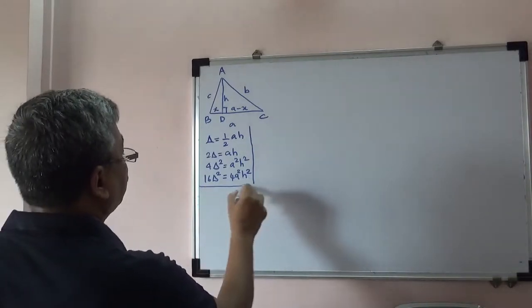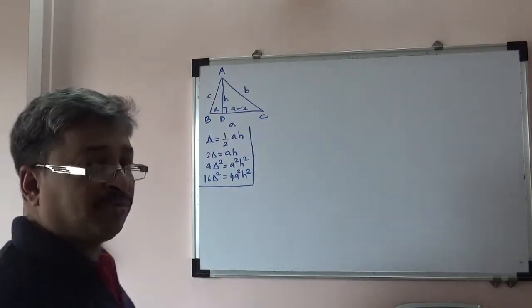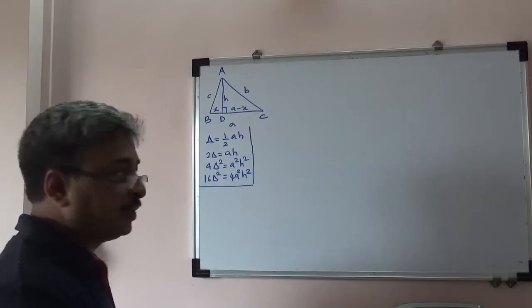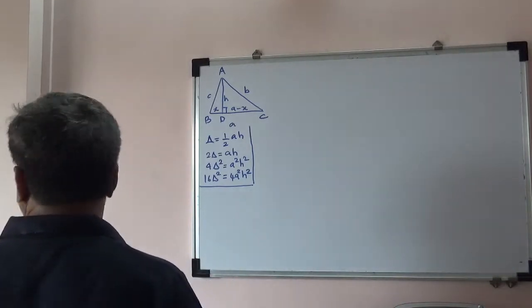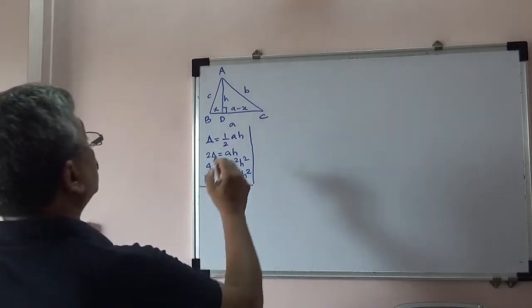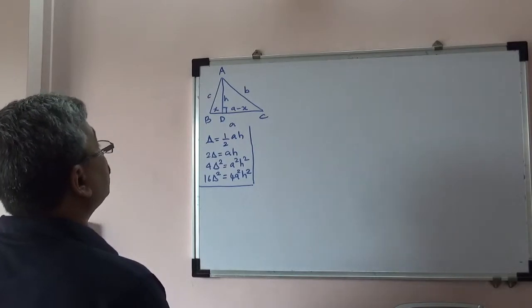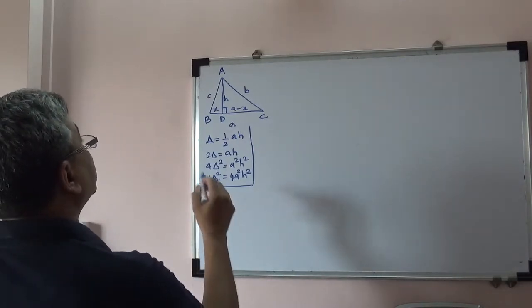Now if three sides a, b, c are given, if we can find the height of the triangle h, then we can find the area. That is the whole game. So let us see if we can find h in terms of small a, small b, small c.